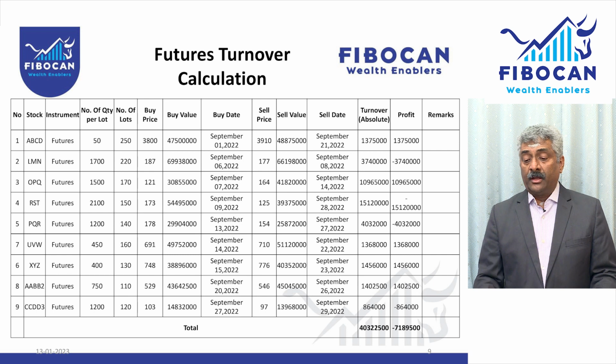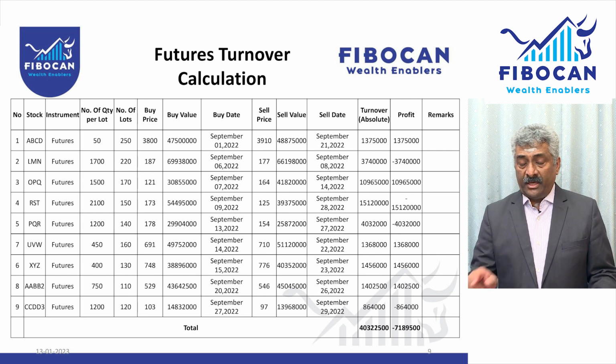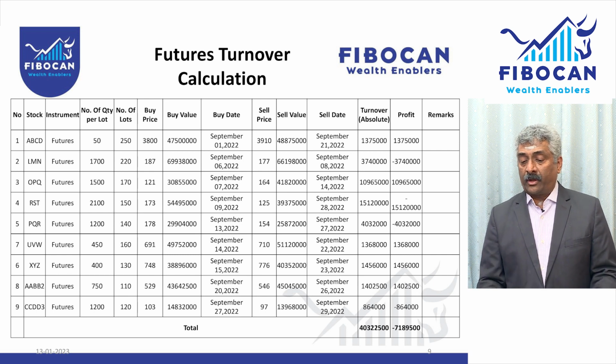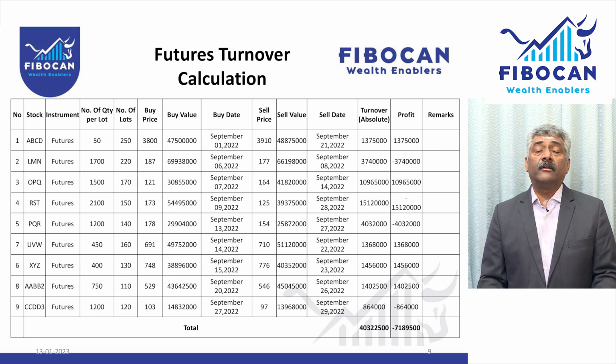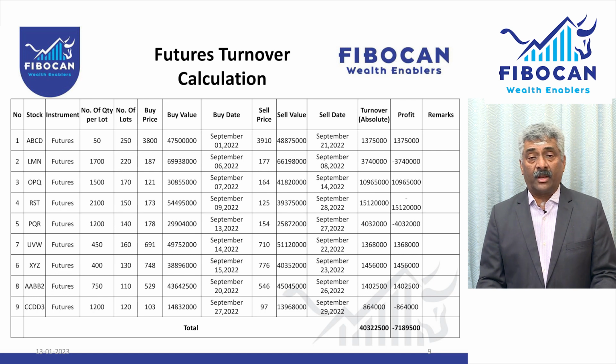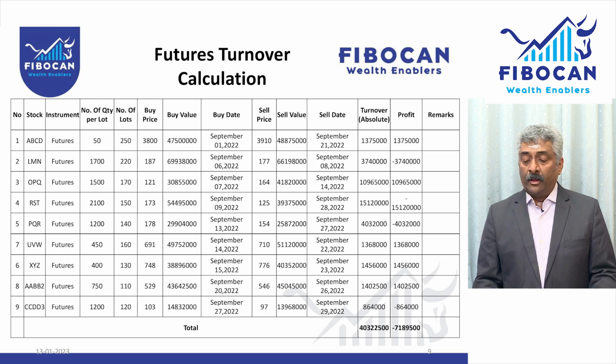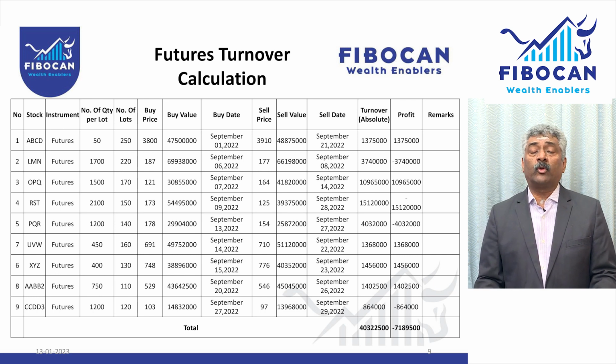As you can see here, for each line item the absolute turnover and profit are the same, but the absolute turnover comes with the negative symbol removed. At the end of it, out of the 9 transactions I have shown, you can see the sum of 4 crores 3,22,500 is the absolute turnover.